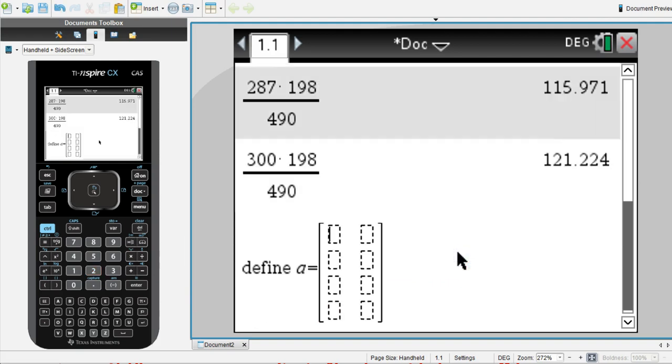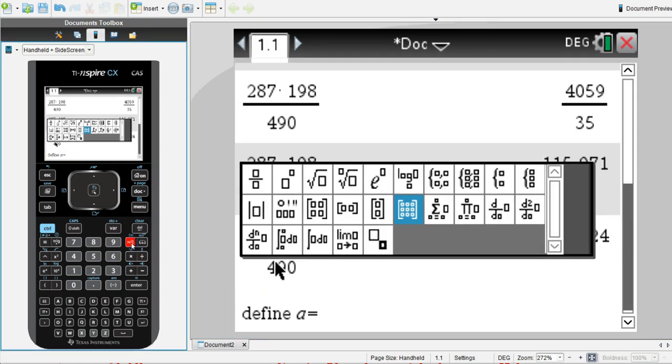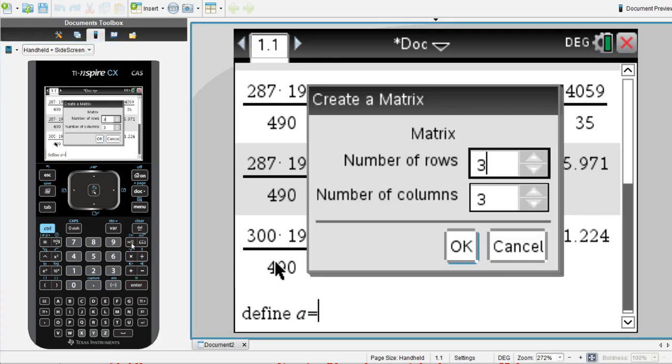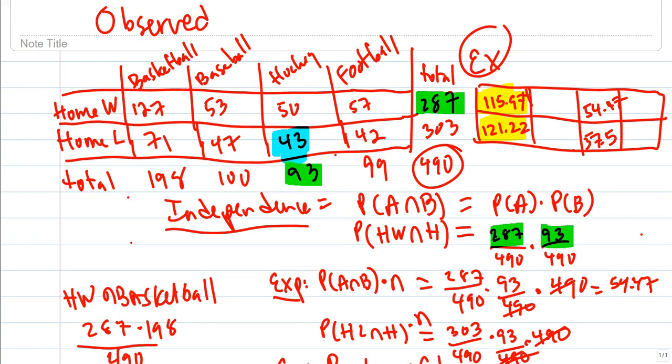Row by column, 2 by 4. So that button right here again next to the catalog. Select the matrix there and rows 2 by 4. That looks like the size of data we have.